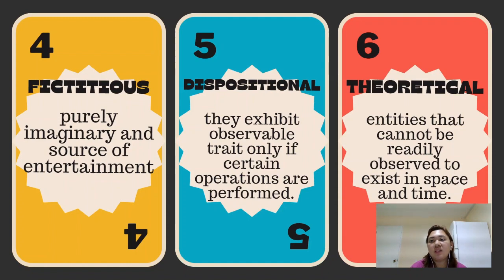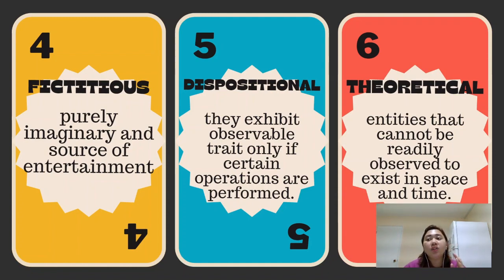Some of them are called dispositional concepts, like elastic, magnetic, and temperature. These concepts do not designate a directly observable trait or characteristic that members must have, but they exhibit this observable trait only if certain operations are performed.